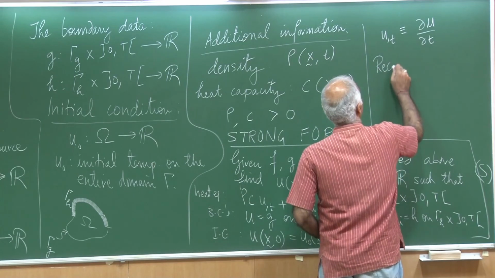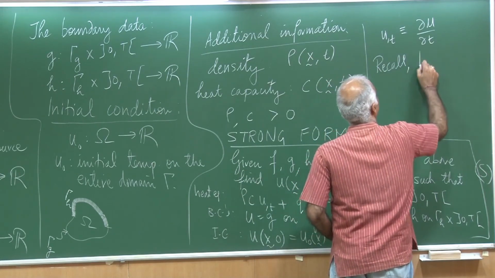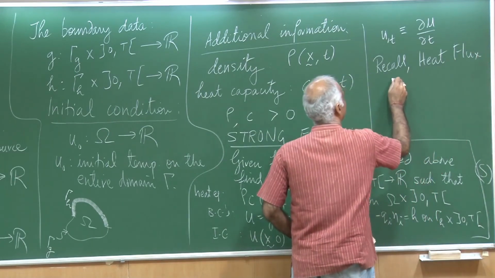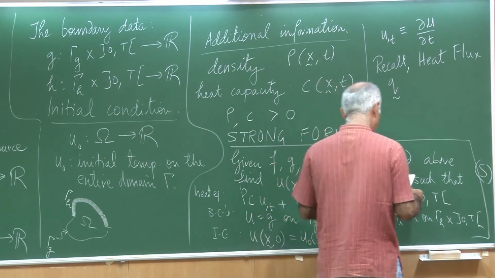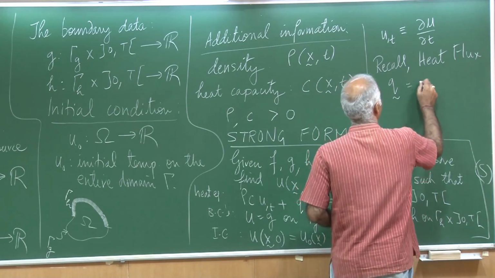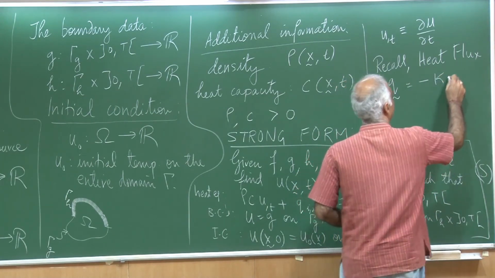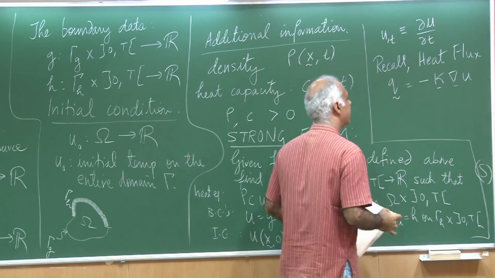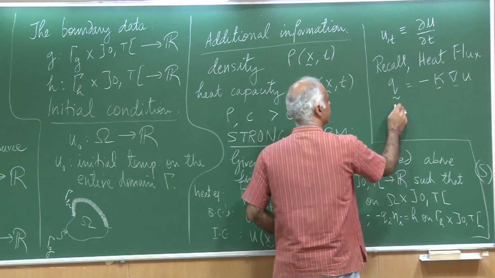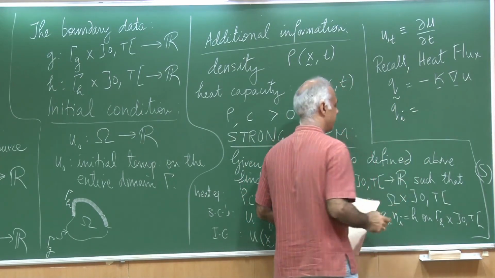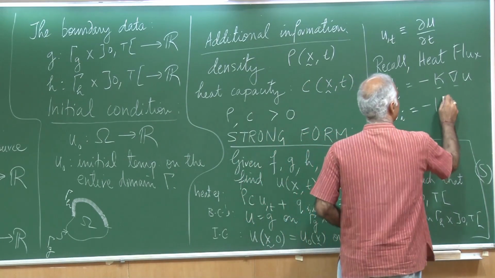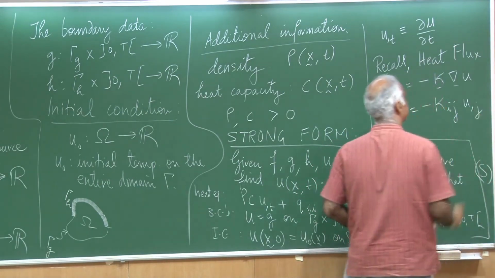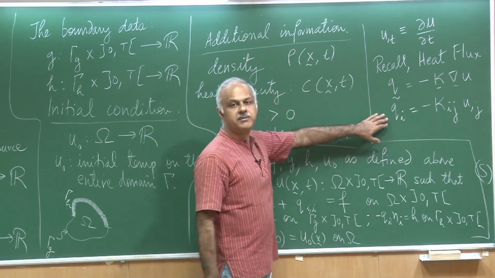Recall the heat flux given by Fourier's law: q is the heat flux which was minus k gradient of u, and in terms of the index notation it was given as q i is minus k i j u comma j. We have seen this before.